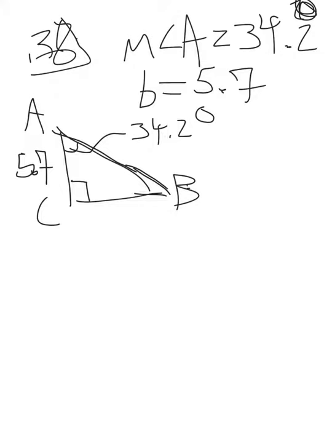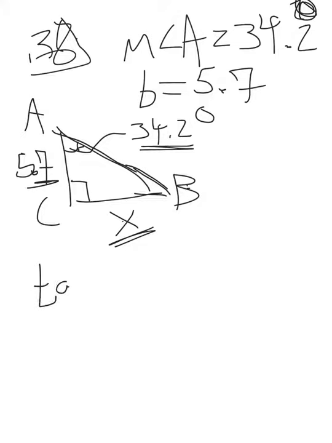I know that I can use the Pythagorean theorem once I have two sides. So I'm just going to go down here and try to find this side. So if we're starting at angle A, because I know the measure of angle A, I'm going to use one of the ratios that tells me adjacent and opposite. And hopefully you remember that's tangent.